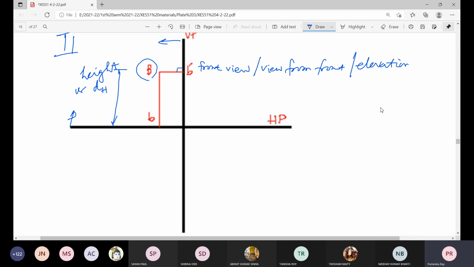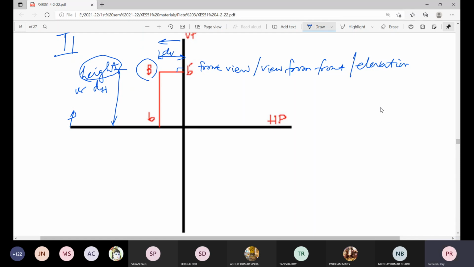Now, if it is below horizontal plane, then that formal word height is not applicable. So distance from horizontal plane, whether it is above or below, we will not bother about that, DH. And this is the distance from vertical plane, whether it is behind or in front of vertical plane, we don't bother about that.